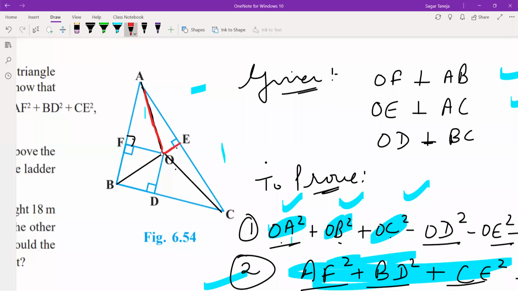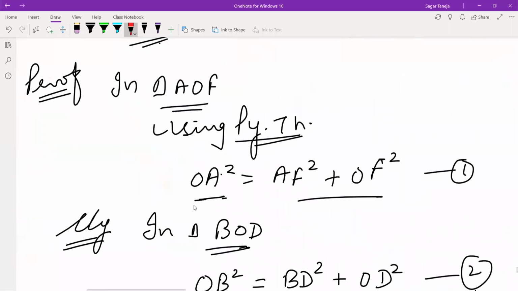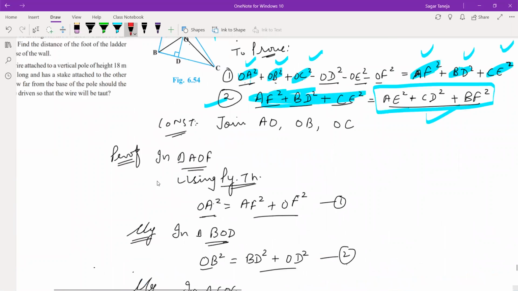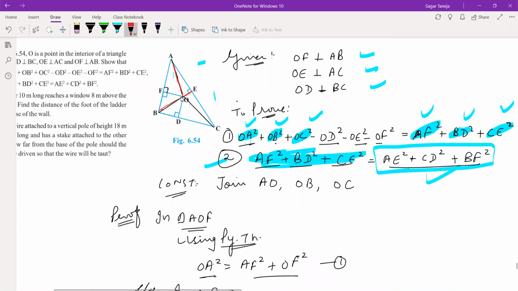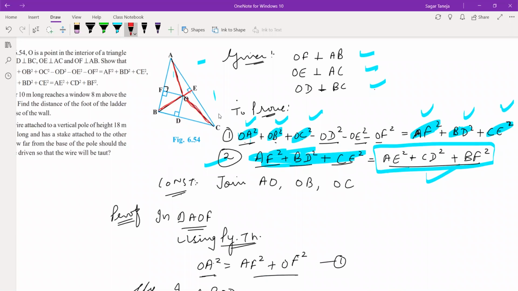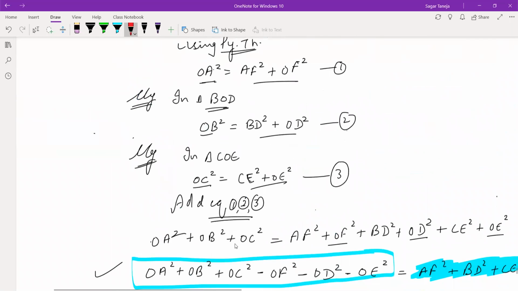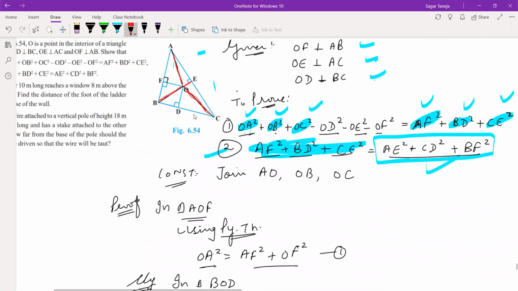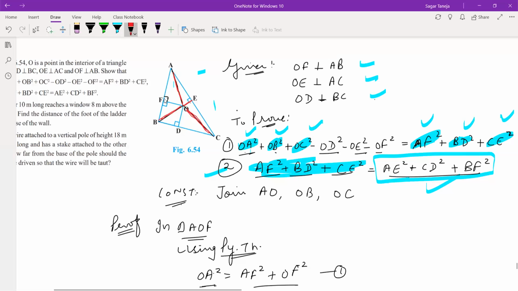OE and OA belong to this triangle. Both of these sides belong to this triangle. I am marking here, I am marking each and everything to make you understand. Then OB, OC. I am marking here OB and I am marking here OC. After that, I am marking OF, OE and OD.